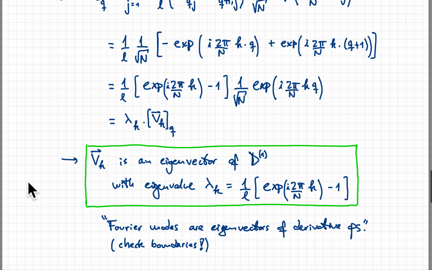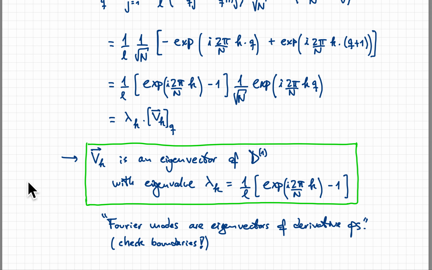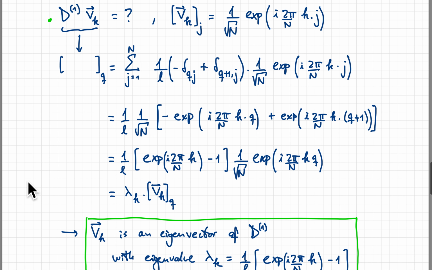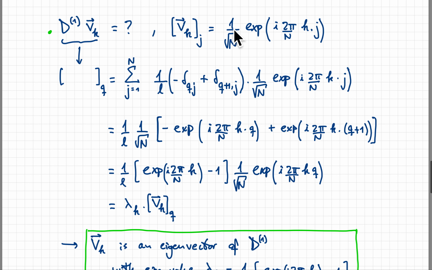So that's telling us that Fourier modes are eigenvectors of the derivative operator, and of other derivative operators as well, not just the first one; second derivatives also have the same eigenvectors. And these are what I call Fourier modes here.